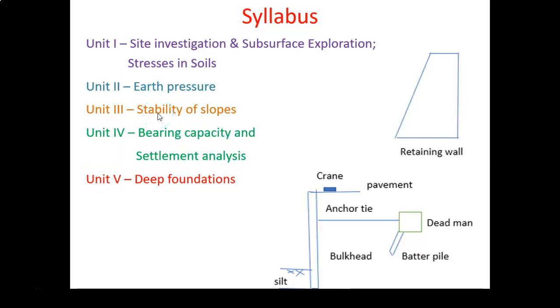There are two main types of earth retaining structures, retaining walls and bulkheads. Retaining walls resist the lateral movement by their own huge weight, whereas bulkheads receive their lateral support from penetration into the soil and from the anchoring system near the top of the wall.